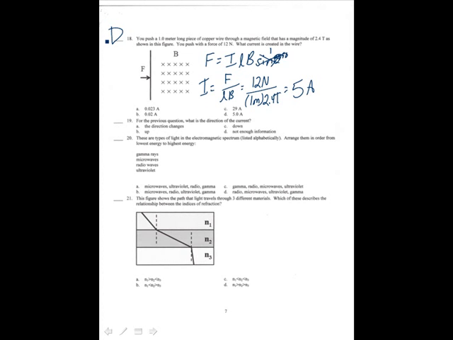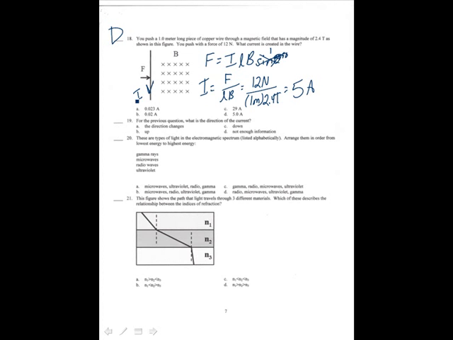Magnetic field, get my hand right here. Magnetic field is into the page. That means that my current has to be going... well, hold on. I think the key is the current has to be going down in this case.